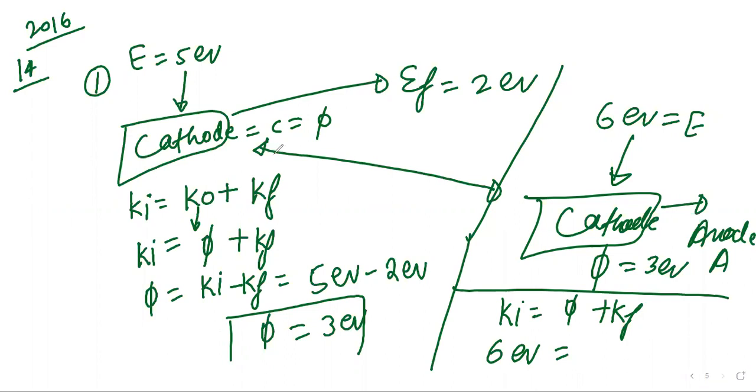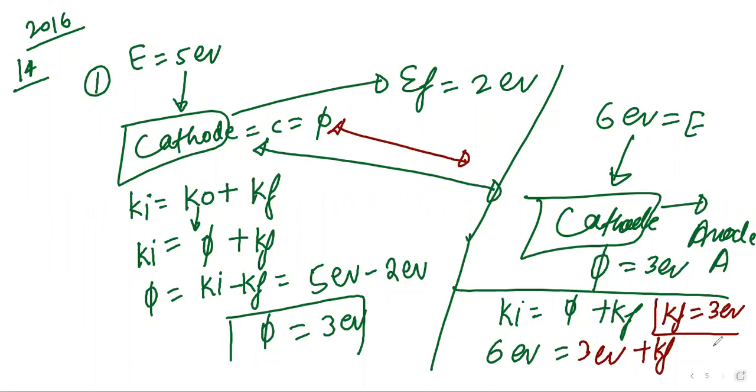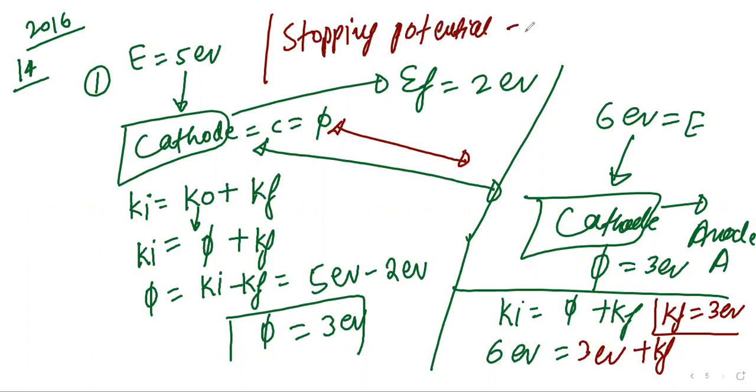So 6 electron volt equals 3 electron volt plus Kf. So Kf will be equal to 3 electron volt. So the stopping potential will be the negative of that. So write one line here: stopping potential is negative of 3, so it will be minus 3 electron volt. It was very simple.